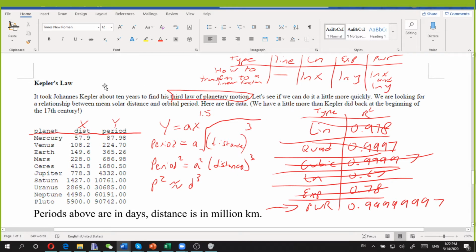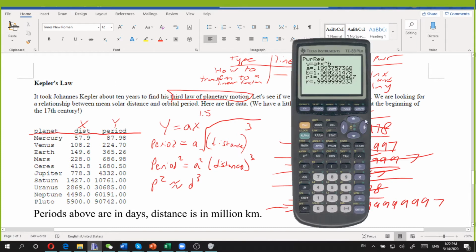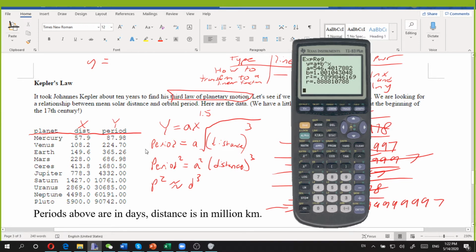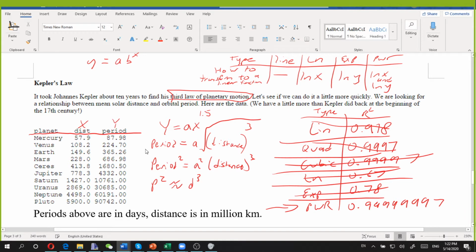Okay, I'll prove one of those really quick. So if I calculate our exponential function here, we get our equation, y equals ab raised to the x. If I take the natural log of both sides, ln y is equal to mx plus b, and then solve for y.